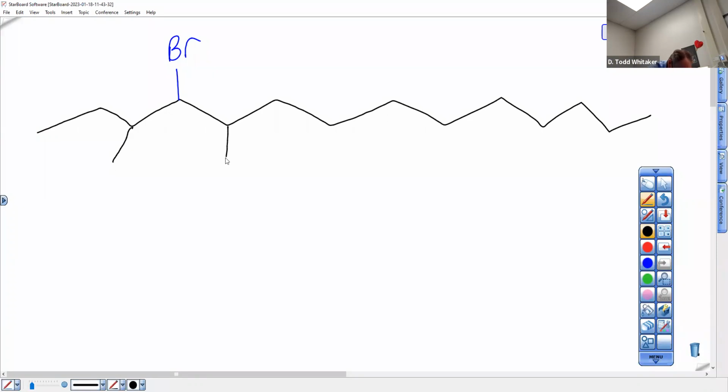One there, and that's not bad. That's a good finish. 1, 2, 3, 4, 1, 2. I'm going to add 1 carbon to the left to make it an even better example. That's it.